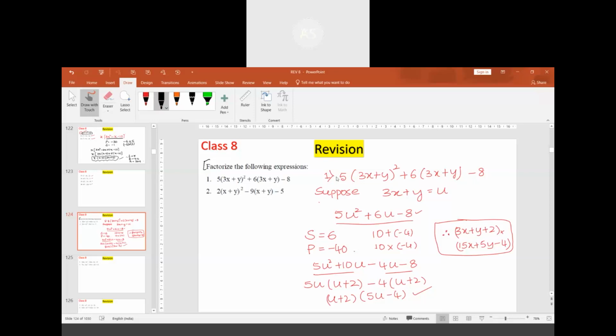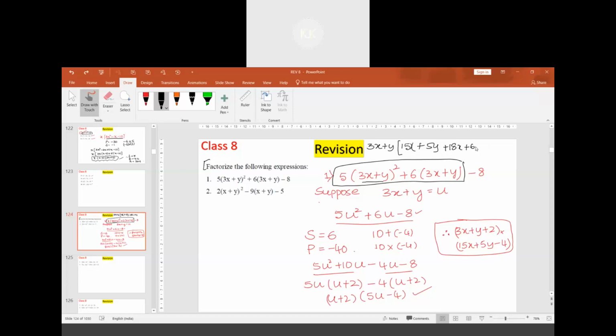Ashutosh said that we can take 3x plus y common. If you follow that method, what happens? If 3x plus y is taken as common, we can't take 5 common, and 8 will be left. Only in these two terms you want to take common. In that case it will be 15x plus 5y, and 18x plus 6y.